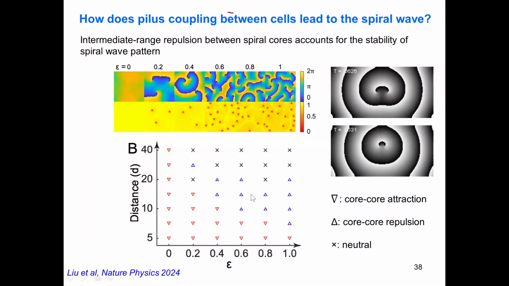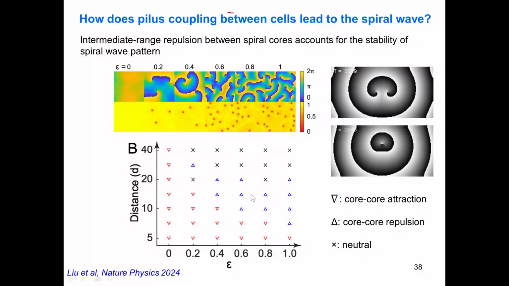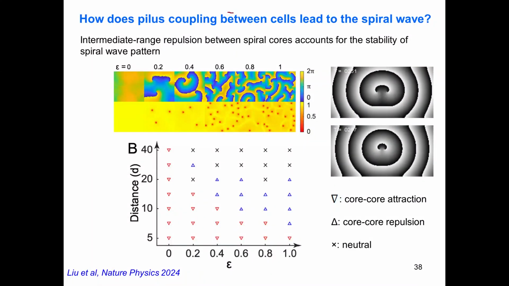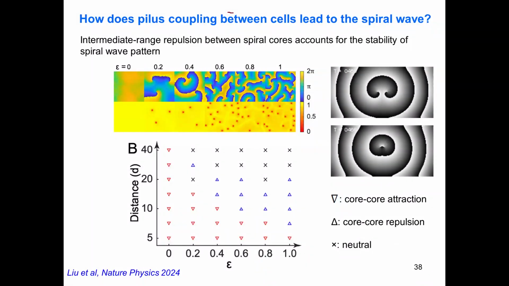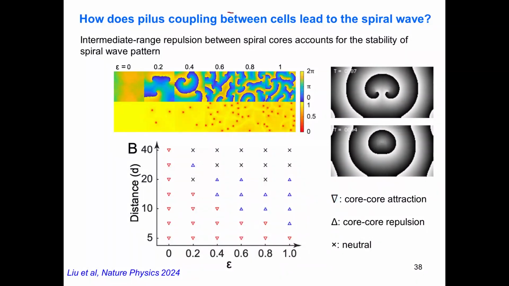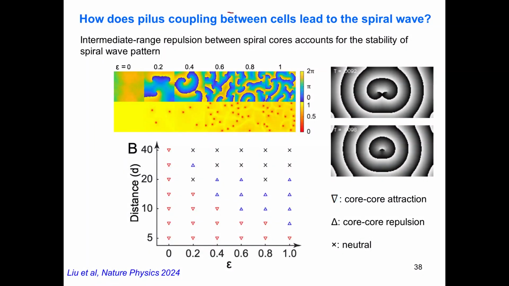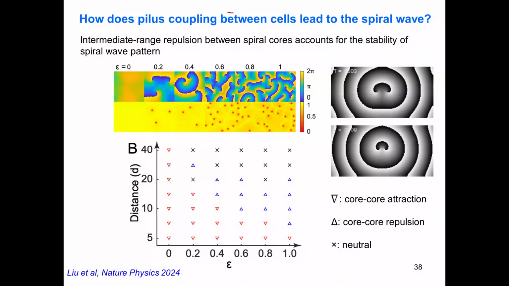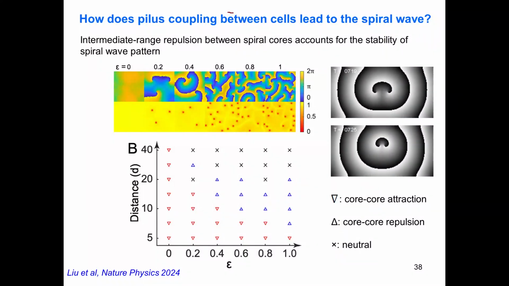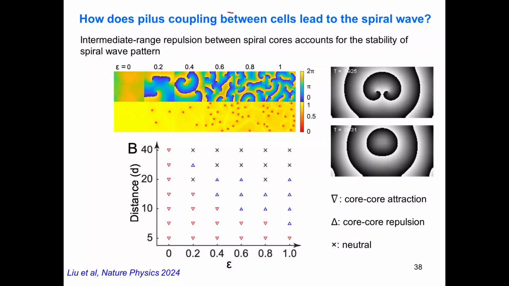So two spiral waves, if they are very close, then they would attract and annihilate. But if two spiral waves starting from different locations move towards each other at the intermediate separation, they will feel repulsion, and this repulsion guarantees that they will not get too close.